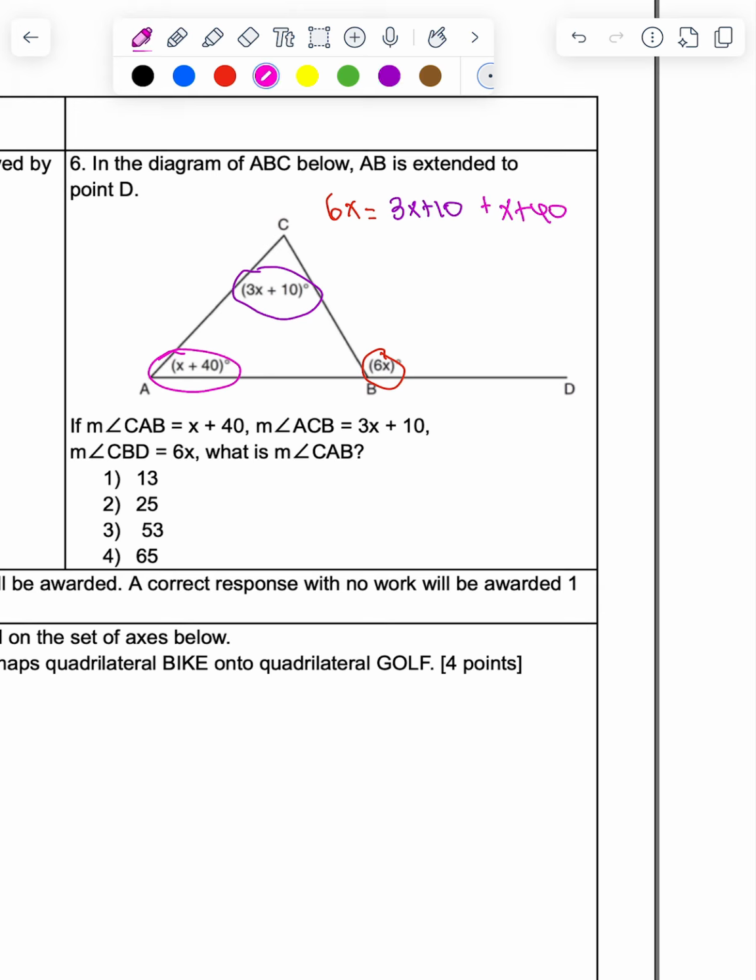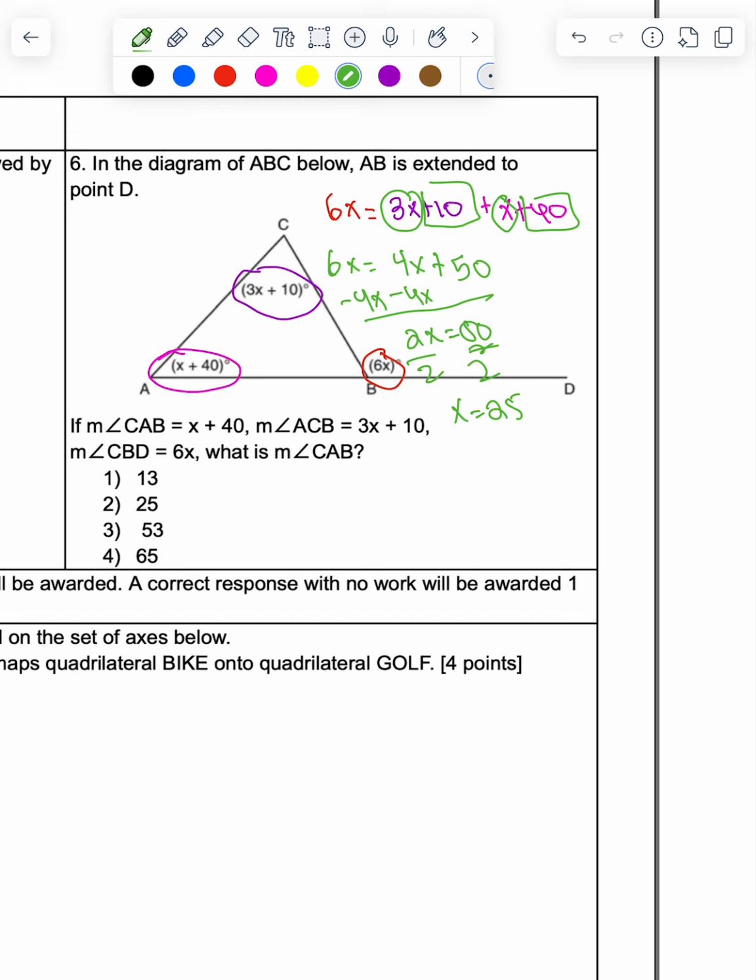I'm going to take a moment and just combine my like terms. We have 3x and x. That is 4x. We have 10 and we have 40. That is 50. I'm going to subtract 4x from both sides, and I have 2x is equal to 50. And then if I divide both sides by 2, I get x is equal to 25.